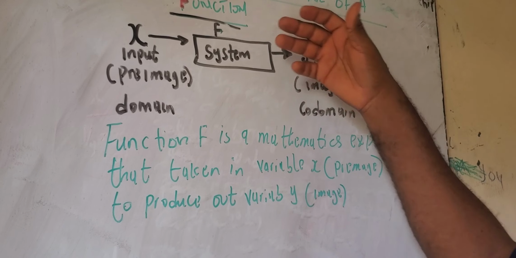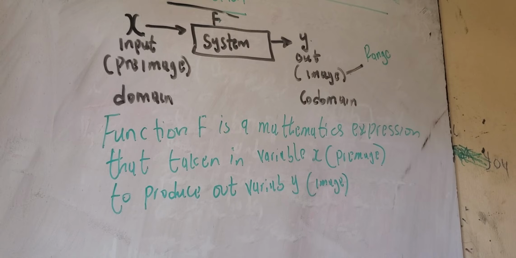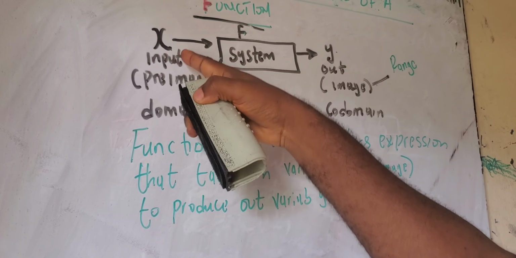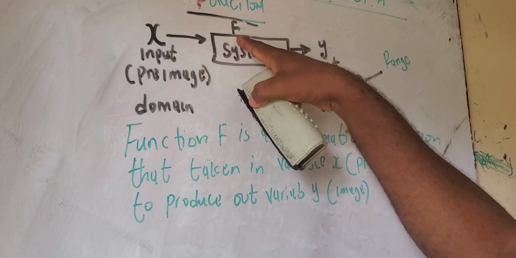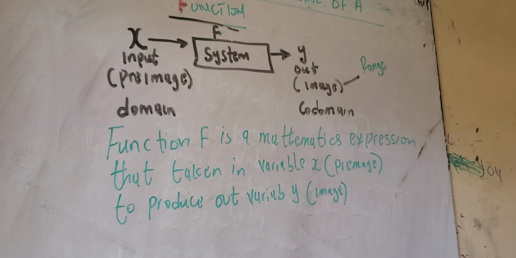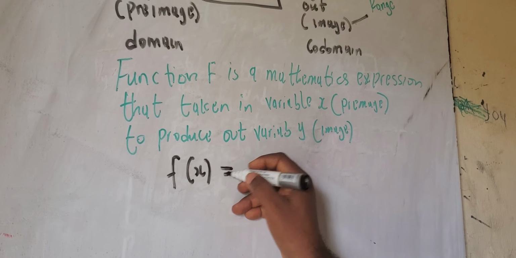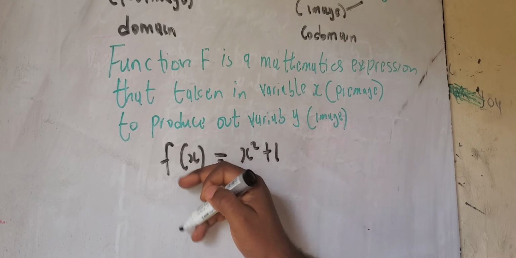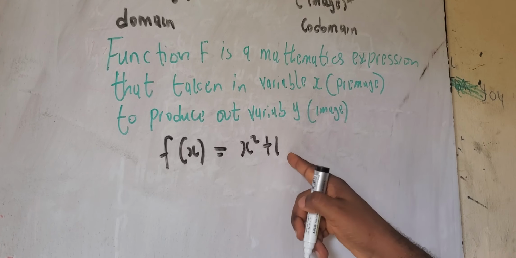Now we want to do some exercise on function. I give this one illustration so that you can see what is happening. This variable x can take any value, and when that value enters, this system will perform a process of function f so that y will be produced. Like for instance, if I say f of x is equal to x squared plus 1, that means the function here says that x must square itself, then you add 1 to it.